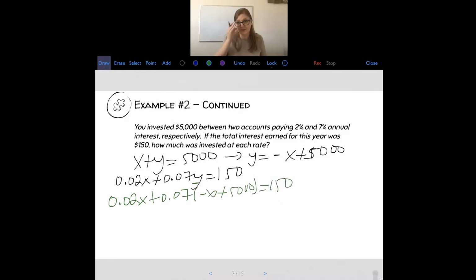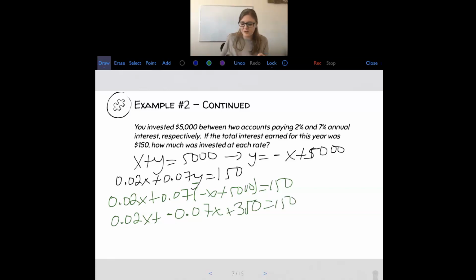And now we solve this like we do a linear equation. We have 0.02x plus 0.07 times negative x is negative 0.07x, and 0.07 times 5,000 is 350.